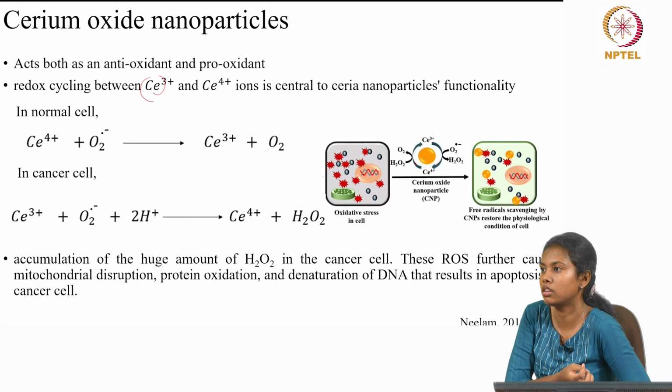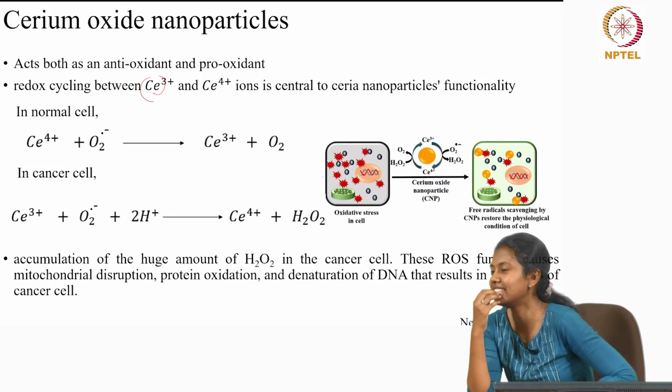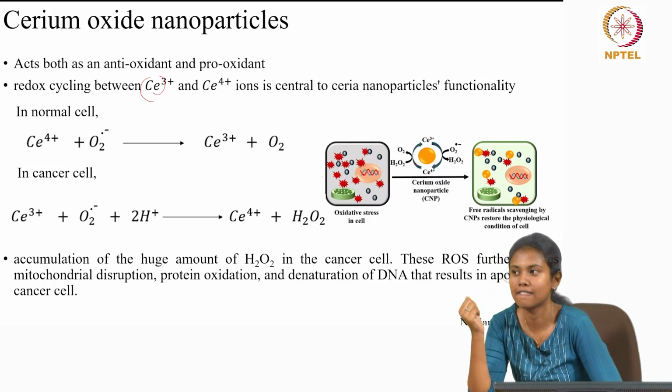Okay, but superoxide won't get converted to oxygen or scavenged in this mechanism by any other compound, right? Only cerium is creating this. Yeah, so far only cerium is creating this reaction. In terms of metal, that is very rapid.